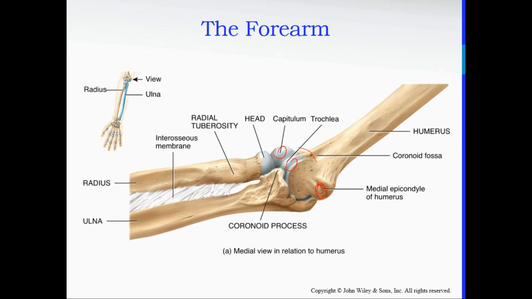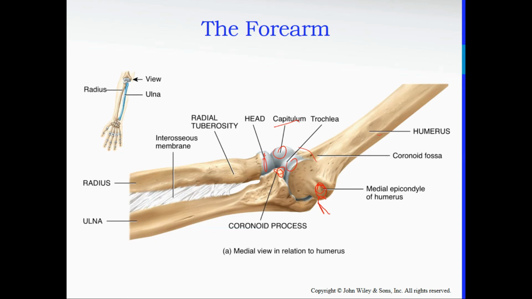So the head of the radius is right here. That's the very proximal end or proximal epiphysis of the radius, and it articulates with the capitulum of the humerus. And this is the coronoid process, that little point on the inside of the elbow. And then back here, we can't see it, but it's going to tuck in the back, is the olecranon process.